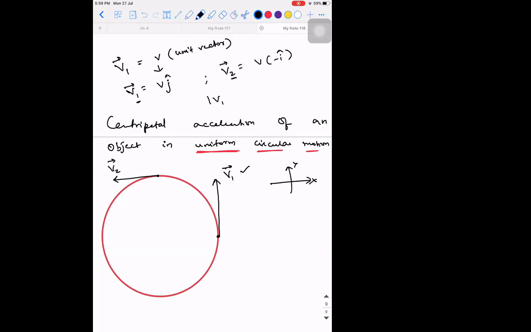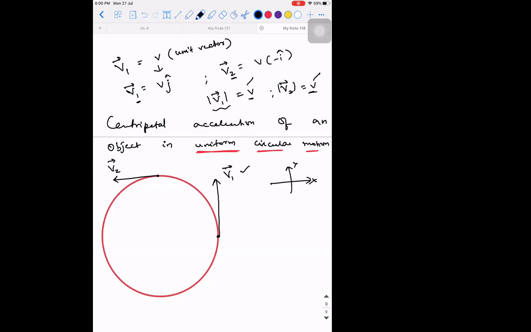If I try to find the magnitude of v1 vector, it is v. Magnitude of v2 vector is also v. Magnitude of velocity is what is called speed. At point 1 and point 2, its speed is the same, but its directions are different. That is why I had to write it as v1 vector and v2 vector.